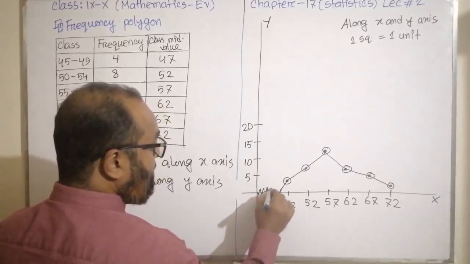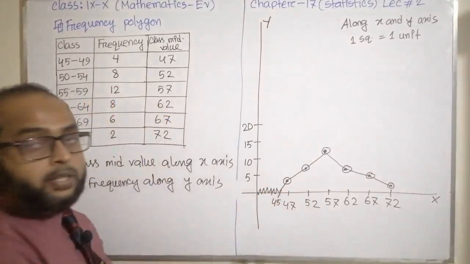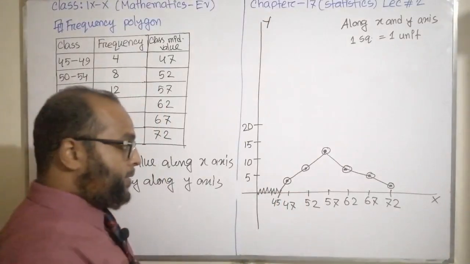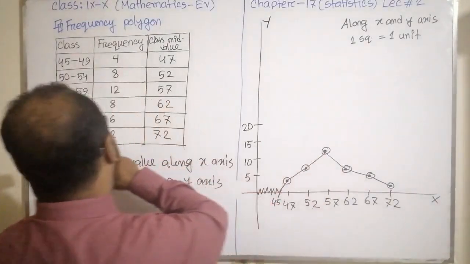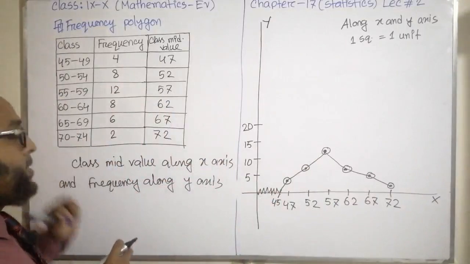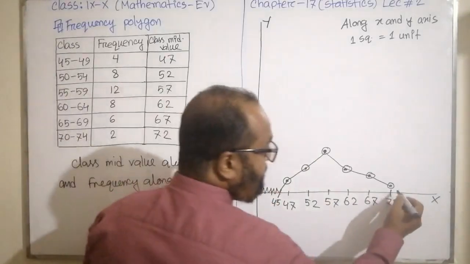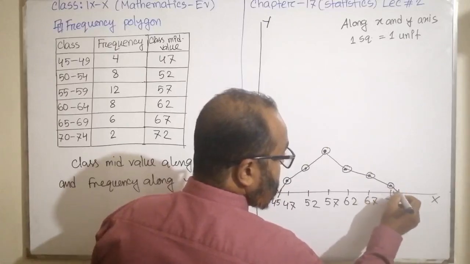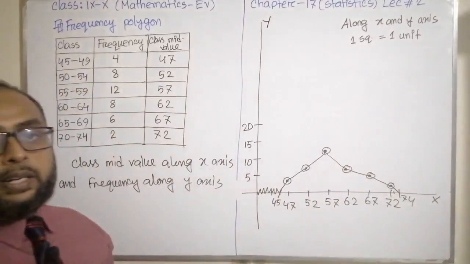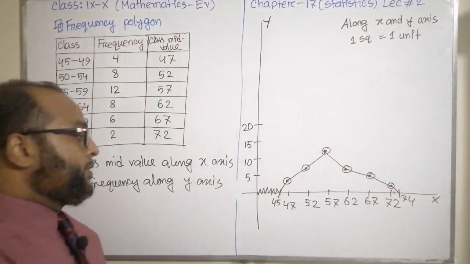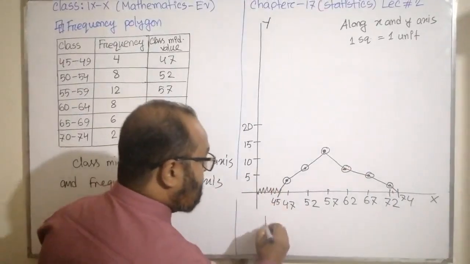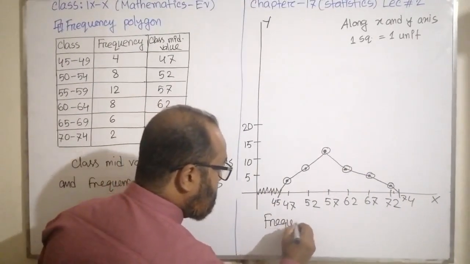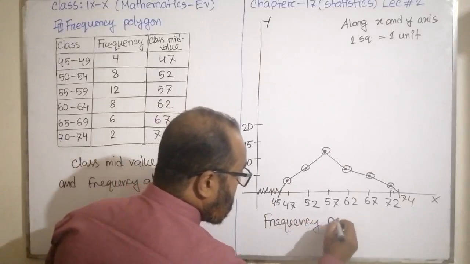The first other part is a broken segment, and the graph ends at 74, so we join this at 74. This is the graph of the frequency polygon.